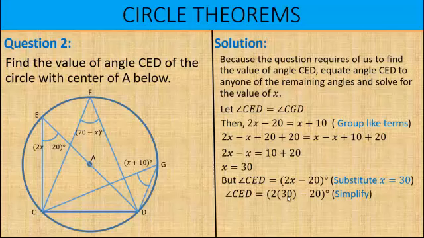That's why you see this 2 times 30 minus 20. And then we get 2 times 30 is 60 minus 20. When you simplify, you get 40 degrees. Therefore, we can say that angle CED is equal to 40 degrees. See how simple this one is.